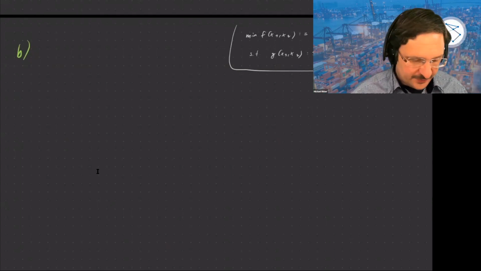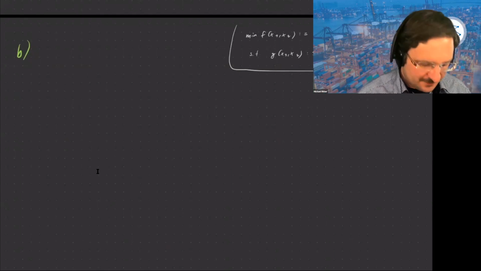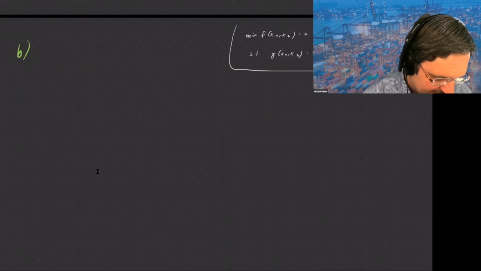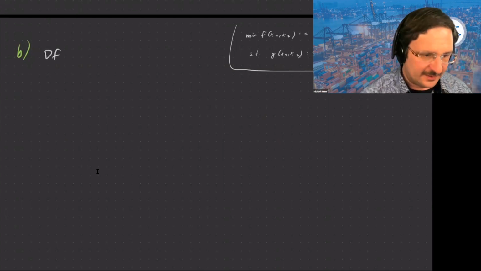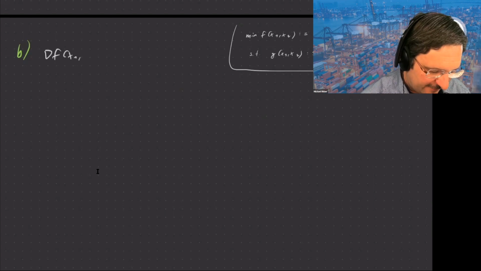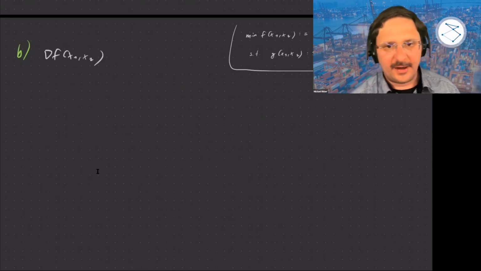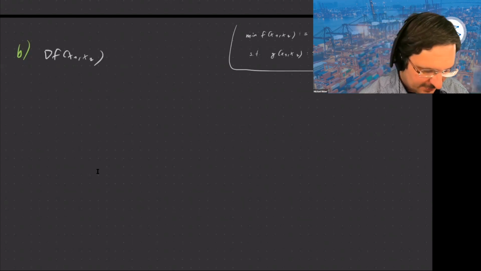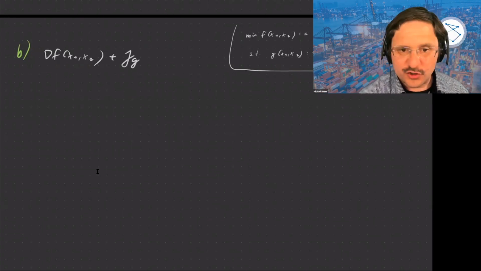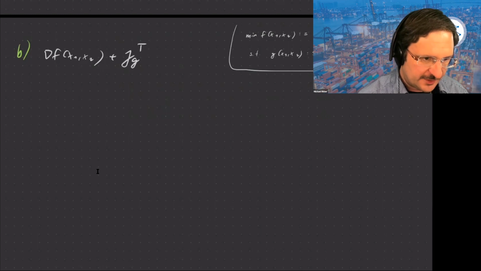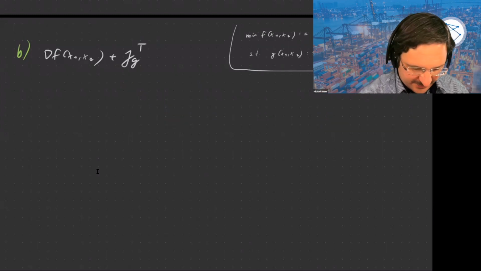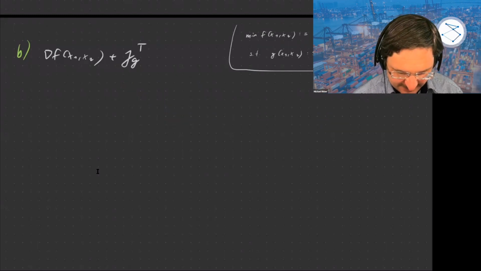All right, so let's start with the Lagrange condition. That basically is the gradient of f at the point x1, x2, plus the Jacobian of g, of the constraint function, transposed times the multipliers. And as I said, we'll have two multipliers here, one per constraint.